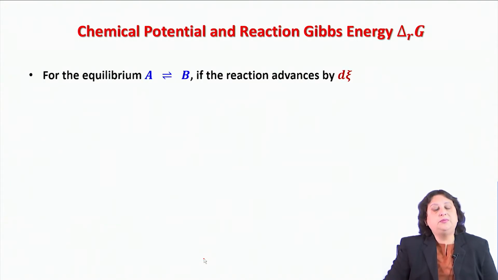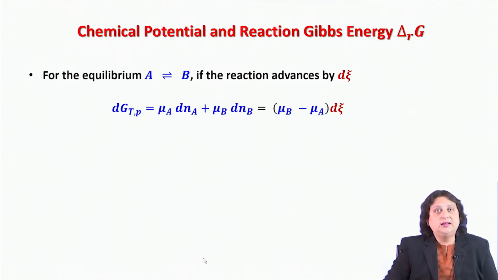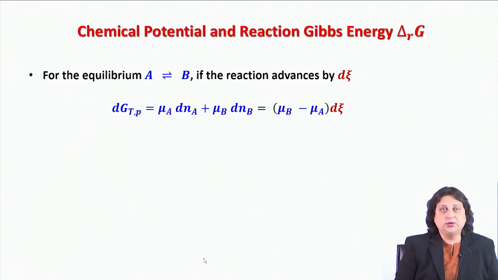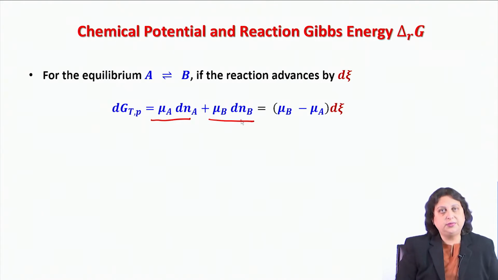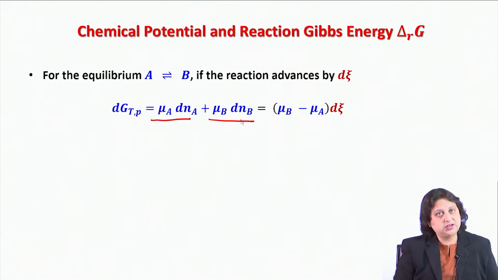For this equilibrium A reversible B, if the reaction advances by dξ, then I can always use what I know from thermodynamics, what is going to be dG at constant T and p. So dG_{T,p} I know in this case is going to be μA dNA plus μB dNB, simply because dT and dP are individually equal to 0 as I am carrying out the chemical reaction at constant temperature and pressure.